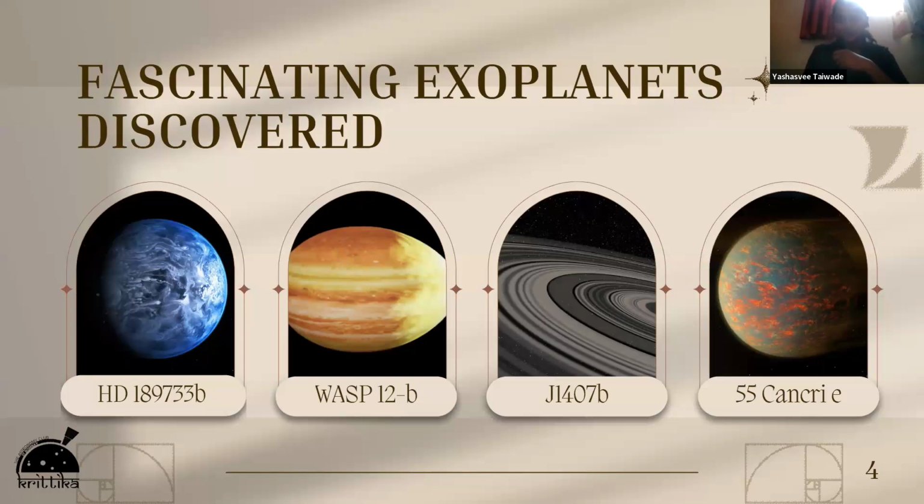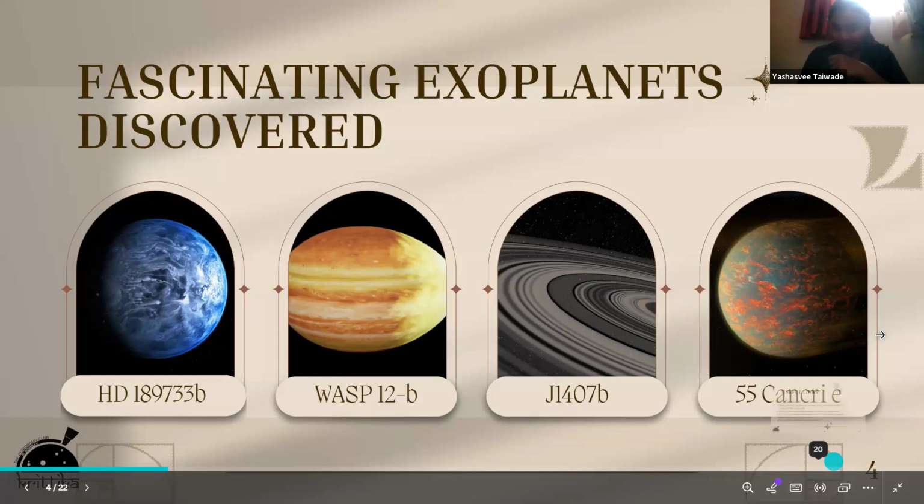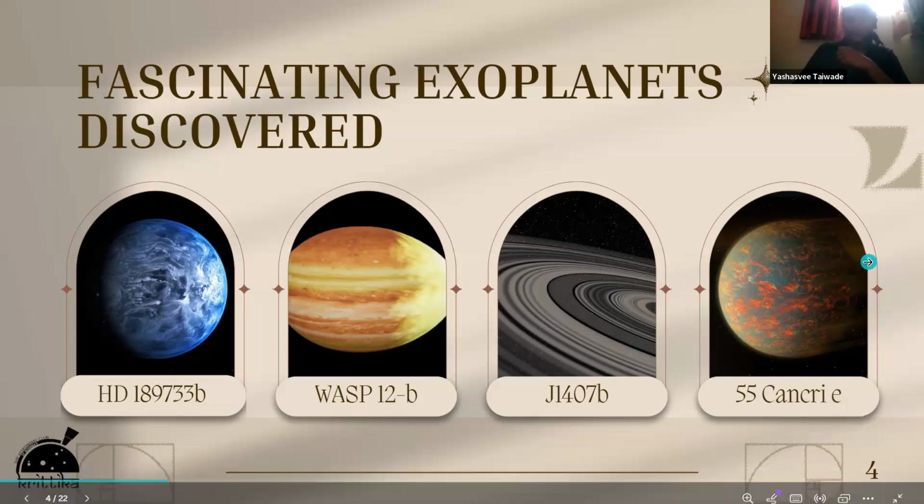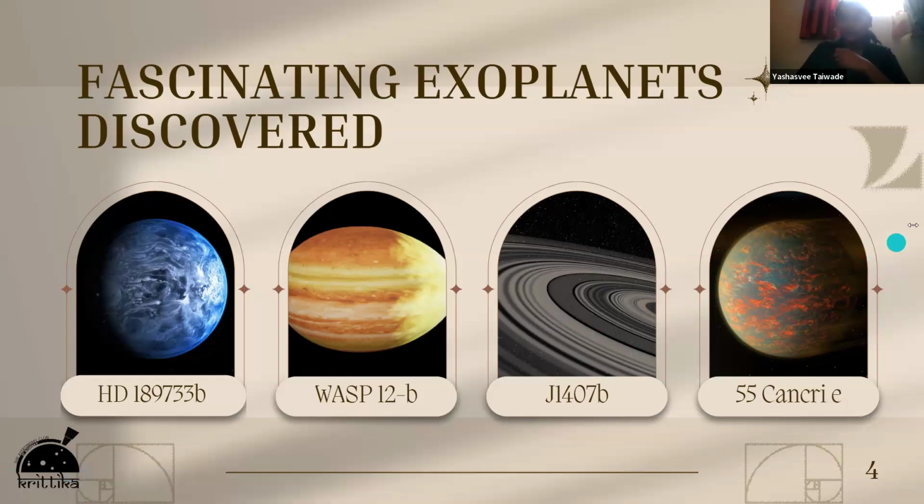I hope that everyone knows this planet because it is really beautiful. You can see I could not even fit the planet over here because of its vast ring system. And next, we have 55 Cancri E. Again, another fascinating planet.